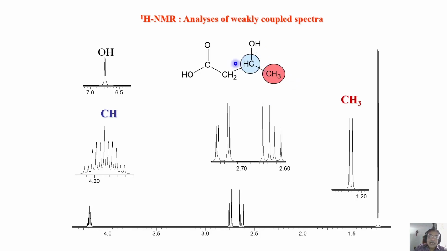Now, in addition to that, this experiences coupling with this CH2. Another interesting thing. Because of that, this is going to be a complex pattern. I am not telling you it is going to become a triplet.